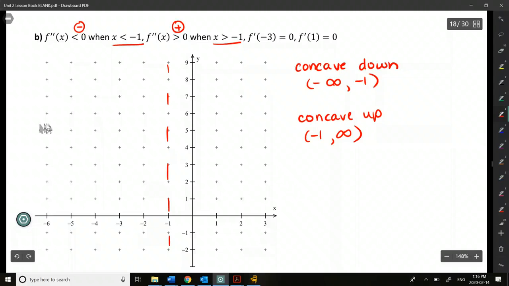Okay, we also have a couple other pieces of information. We have two places where the first derivative equals 0. That should tell us that those are potential local maxes or local mins, so they're critical numbers.